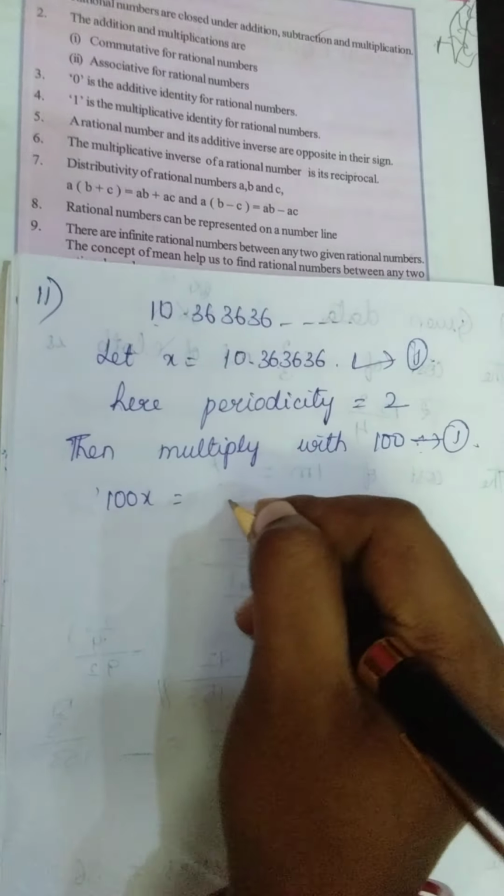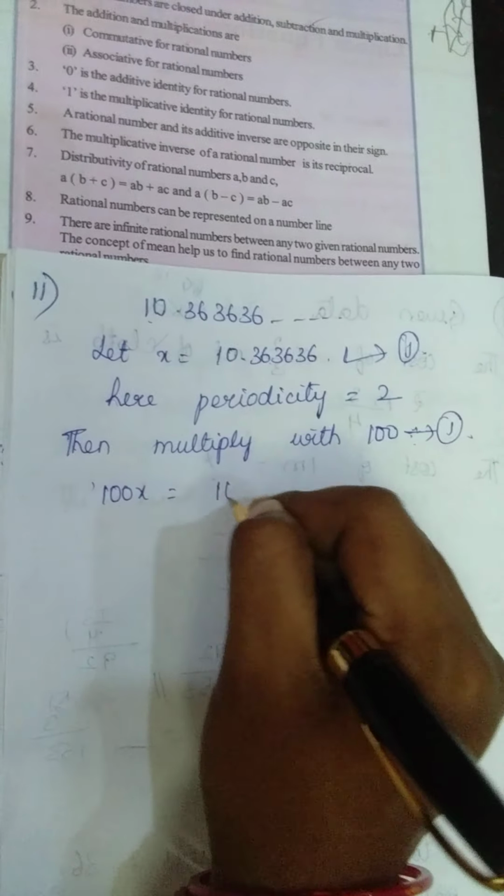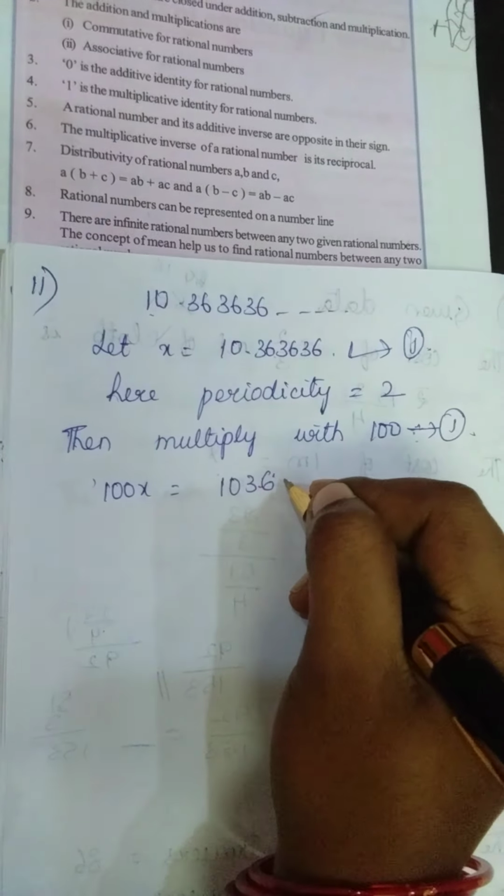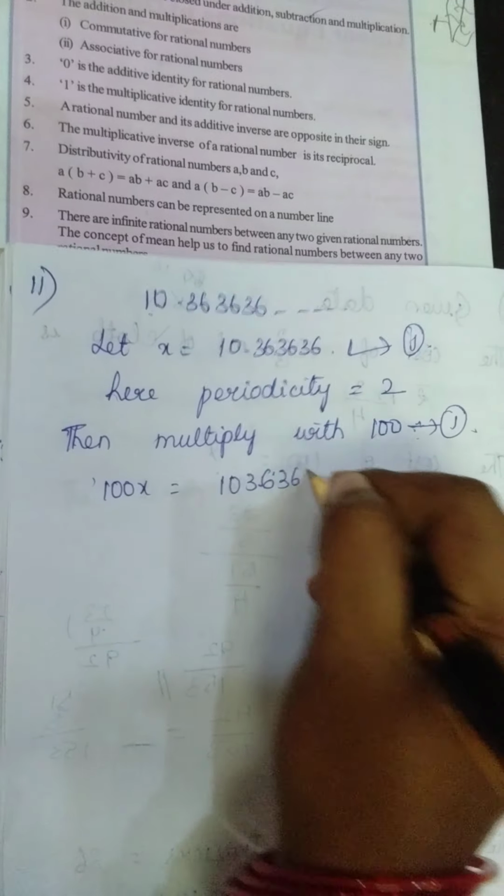Therefore, 100x equals how much? 363636 you will get.